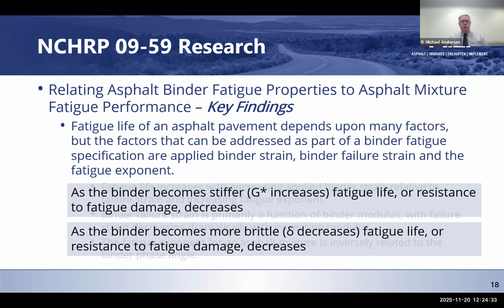As the binder becomes more brittle, meaning the phase angle is decreasing, it's becoming less like a viscous fluid and more like an elastic solid, and the fatigue life decreases. We see this happen with aging: stiffness goes up, G star increases, phase angle goes down. So those are both rational. In both cases, we're seeing a material that's getting stiffer and fatigue life is getting worse.